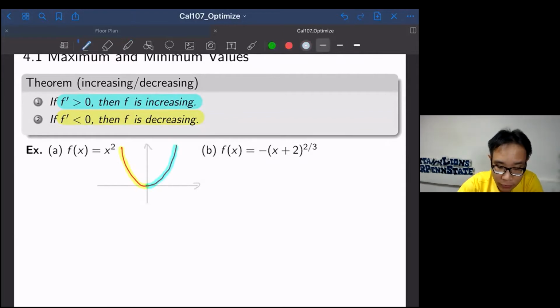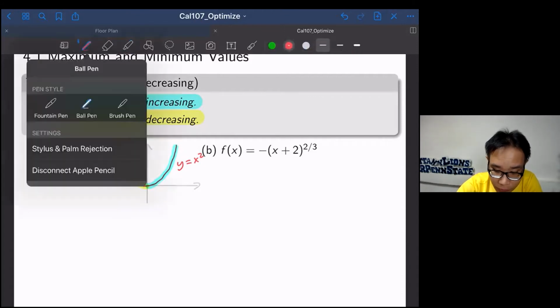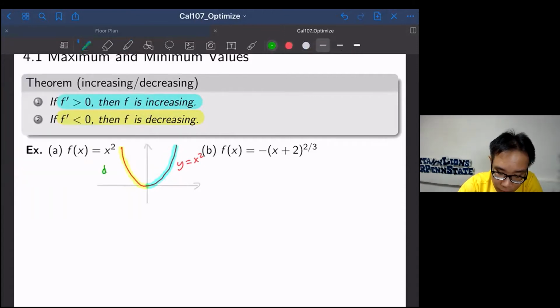So this one is the graph for y equal to x squared. You see that you have decreasing in this interval and you have increasing in this interval.